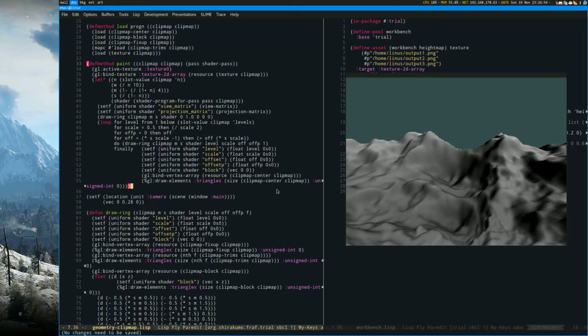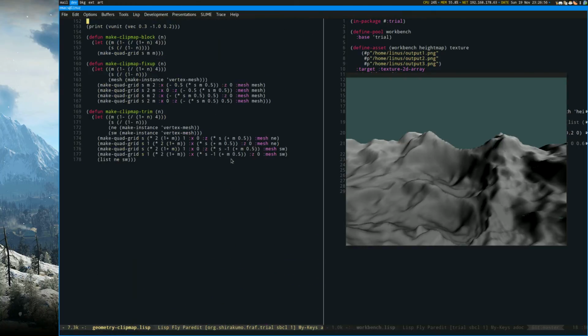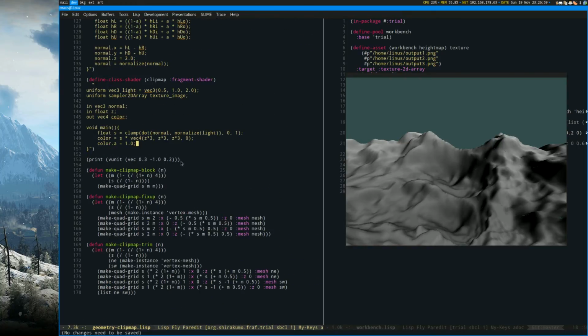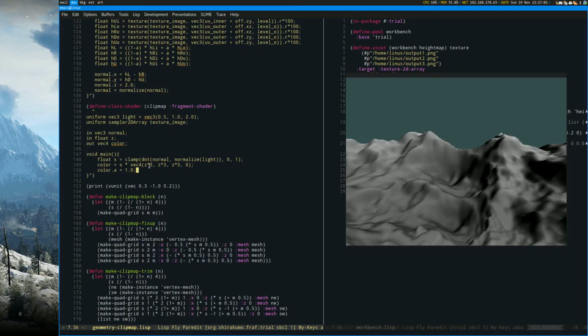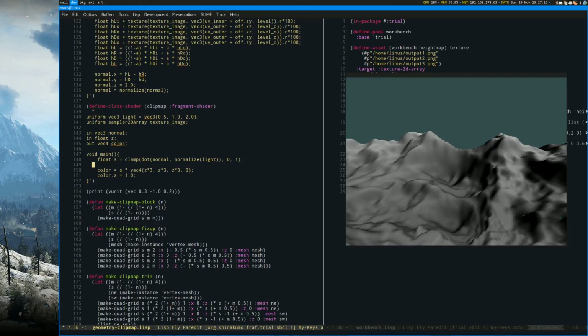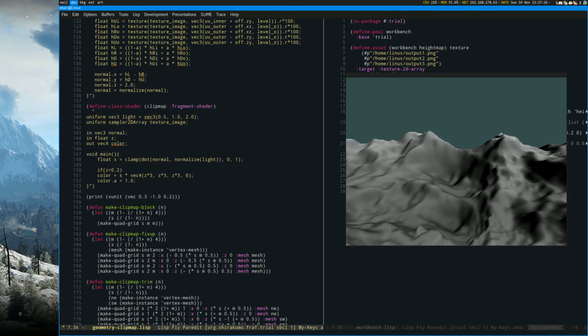So, let me just fiddle around with things. What I want to see is if I can make some kind of thing. So let's see if I'll just use ifs here because I'm lazy. Float z, vec 4.